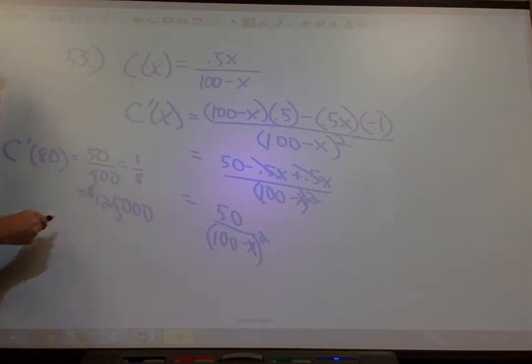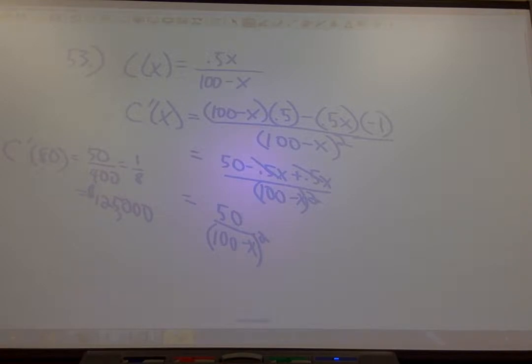That would be the rate of change of cost if they want to remove 80%: $125,000 per percent, because that's changing y over changing x, and x was percent. So if they want to remove 80%, the next percent would be $125,000 more to remove.